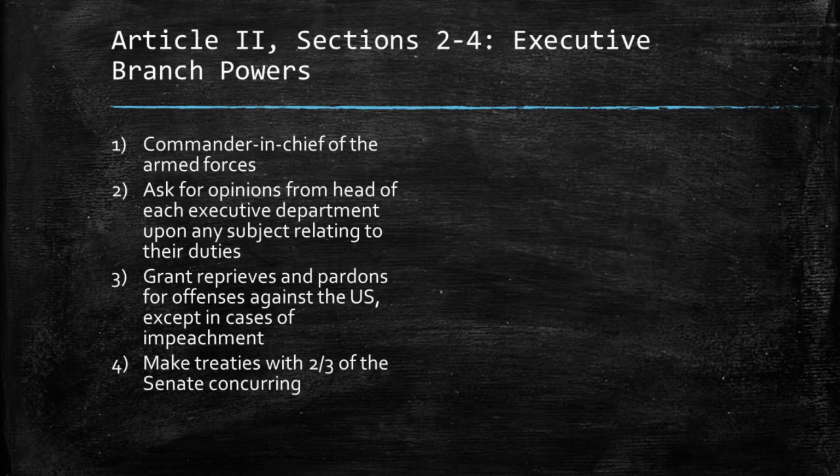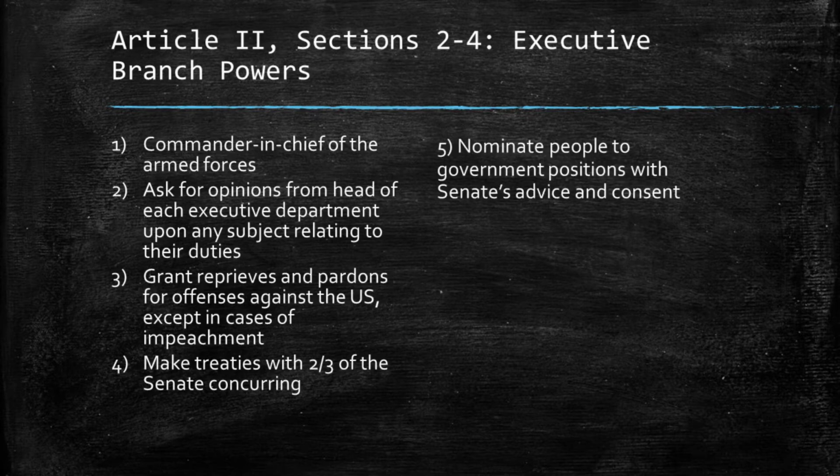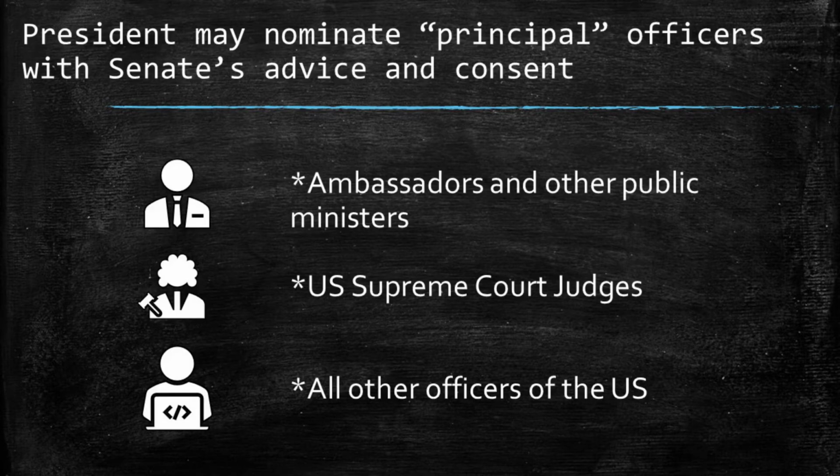The president is able to make treaties with the Senate's consent. And so the Senate must advise and consent on that treaty. The president also has the ability to nominate with the Senate's advice and consent, and then appoint ambassadors, other public ministers, judges of the United States Supreme Court, and all other officers of the United States.